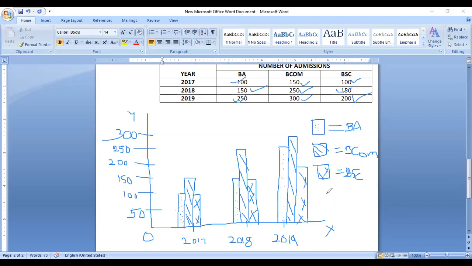That is otherwise known as scale. X-axis. Similarly, y-axis.